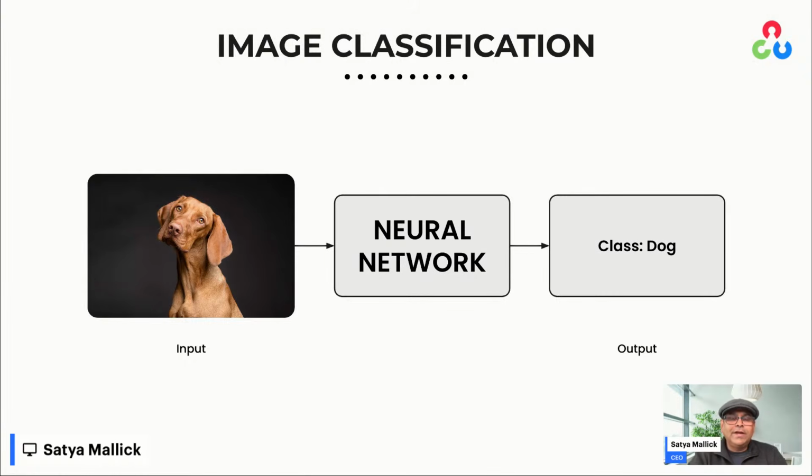If you look at traditional computer vision algorithms or neural networks like image classification, you give it an input, and the neural network tells you the output. In a standard classification problem, the input is an image, and the output is a class label.